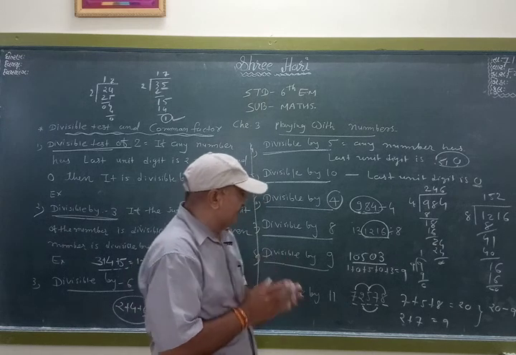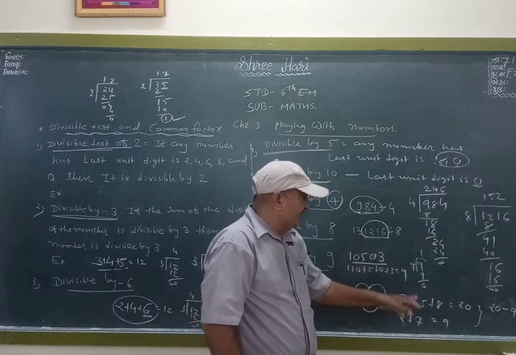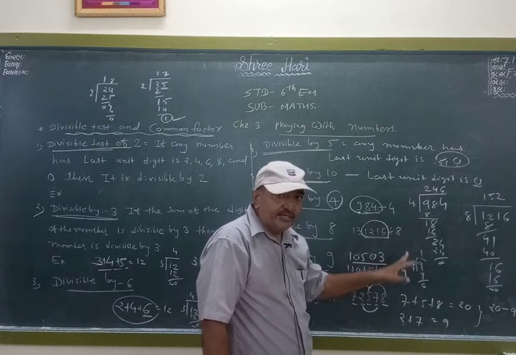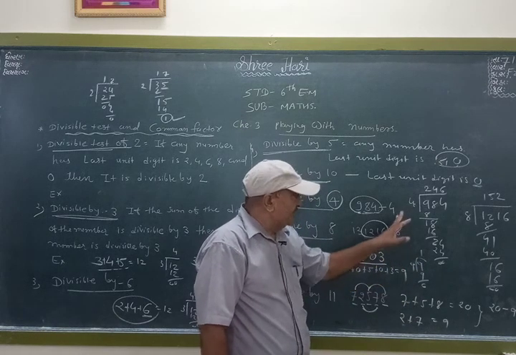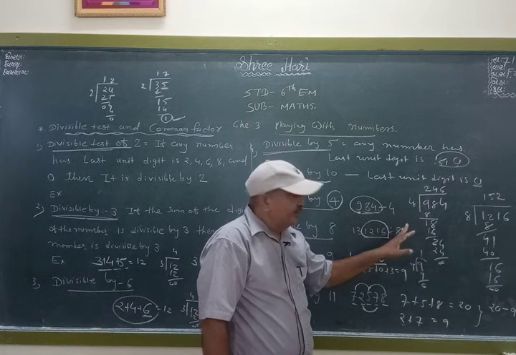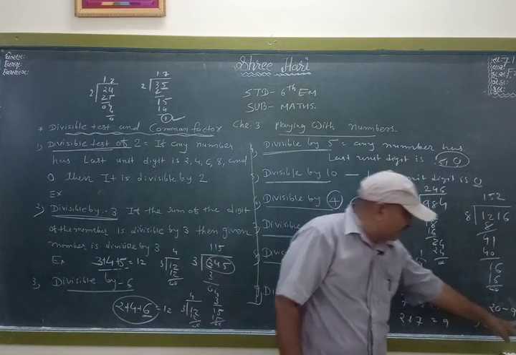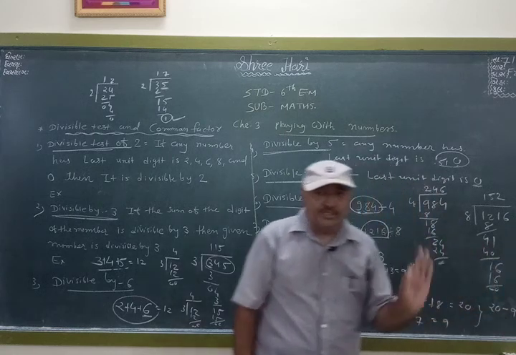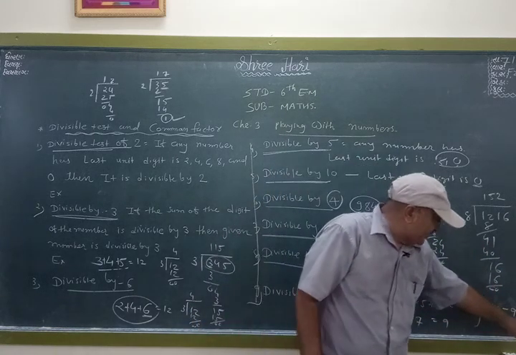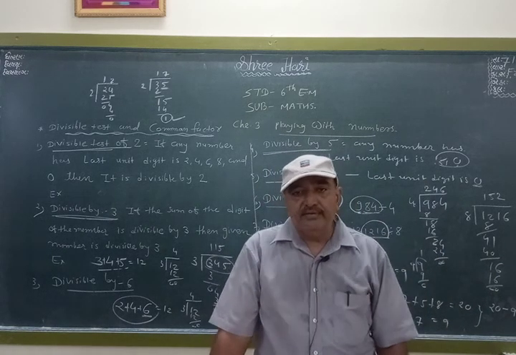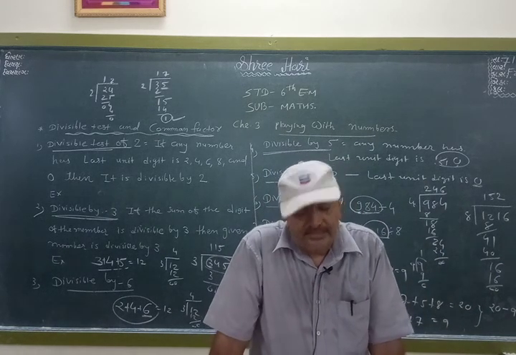If we get the subtraction in the table of 11, like 11, 22, 33, 44, or otherwise 0, meaning either 0 or a number that comes in the table of 11, then we can divide this number by 11.